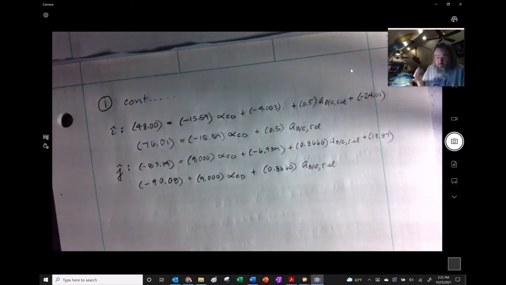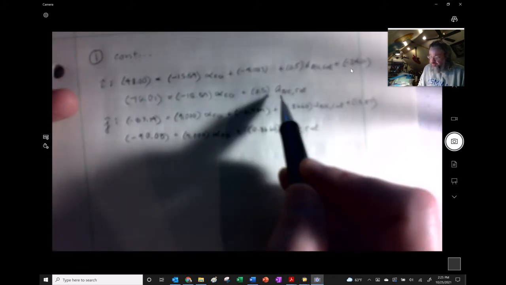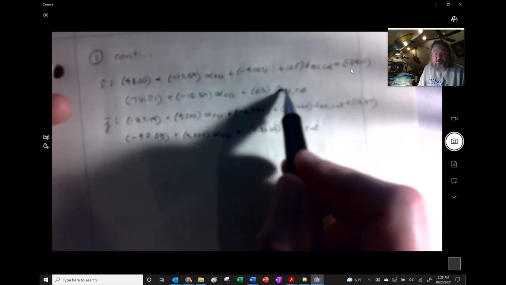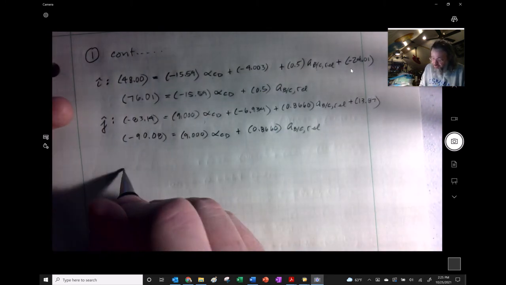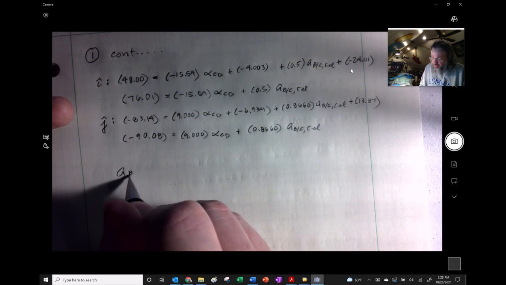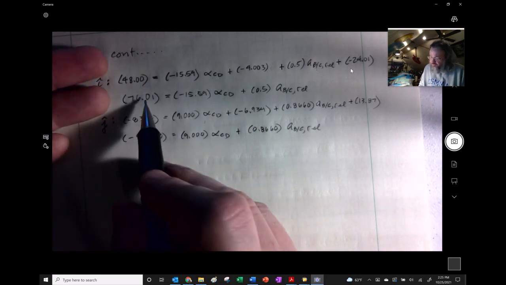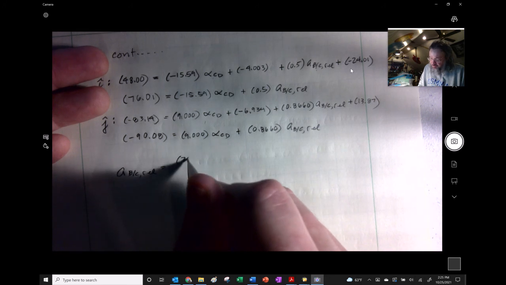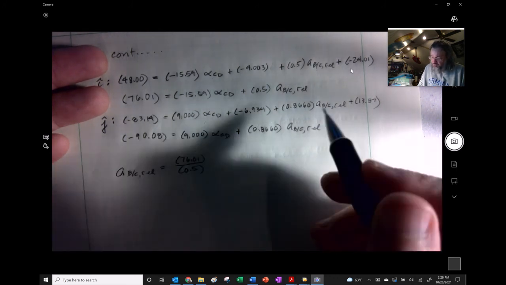All right. And so now you could pick either one to try to do, but I'm going to take this one and the same way that I did before, just because it's a 0.5 makes it a little easier. I'll go A, B with respect to C rel. It's going to be equal to, well, first it's going to be that 76.01 divided by 0.5, right?